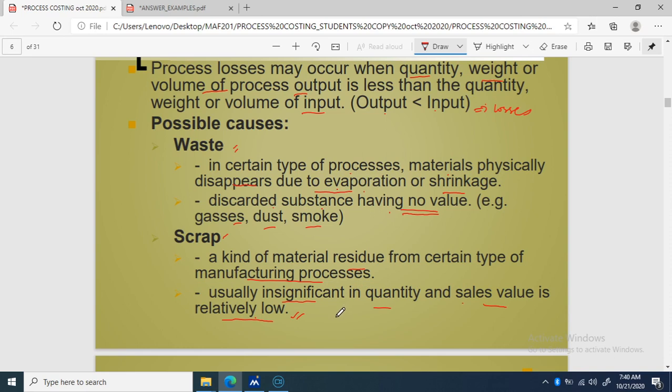You cannot use that fabric for the next process, so you can sell it to outsiders, maybe other factories that want to use that fabric to produce other things, such as souvenirs. So the sales value of that loss is relatively low. When there is a value, we call it scrap. When there is no value, we call it waste.